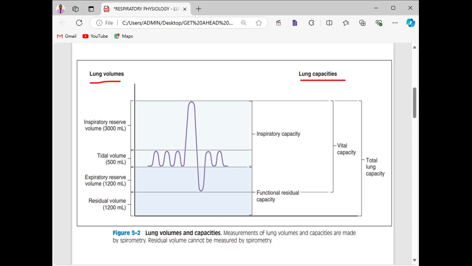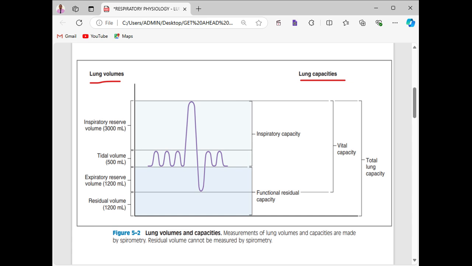And then we also have functional residual capacity. This is just the volume of air remaining in the lungs after normal exhalation.